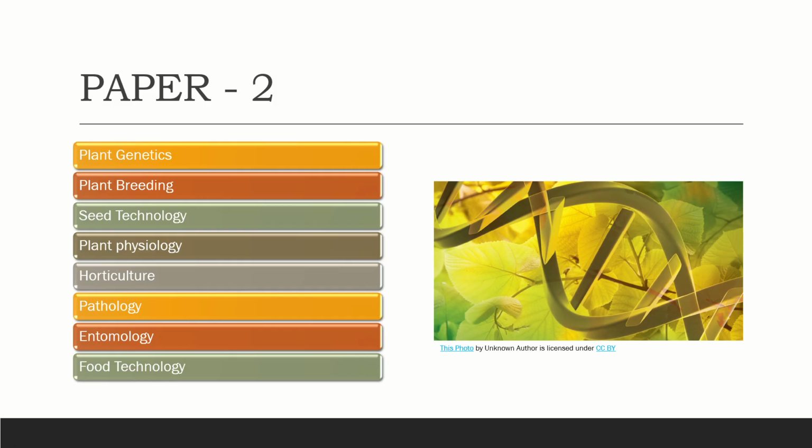In paper 1, we can align some current affairs and some of our own knowledge into subjects like farm economics or farm extension. But we only have such a chance in food technology, and all the other subjects have a fixed technical answer for each and every keyword in the syllabus.